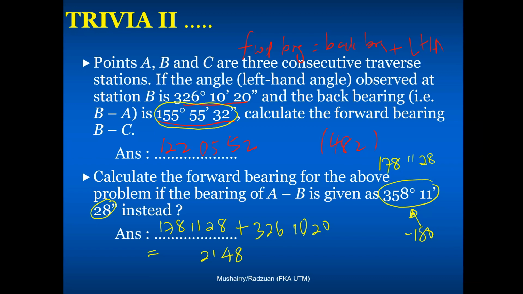That gives us 504, but we don't want 504, so we're going to take away 360. Your answer would be 144. So that's how you go about calculating the forward bearing based on the left-hand angle and the back bearing given.